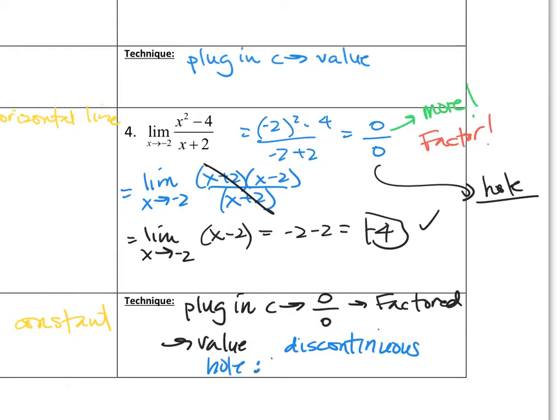So what are the coordinates of that hole? If you recall from pre-calculus or even Algebra 2, when you have a hole because of that simplification, you just plug your c value into the remaining function, and you get the x and the y of the hole. All right, see you next time.